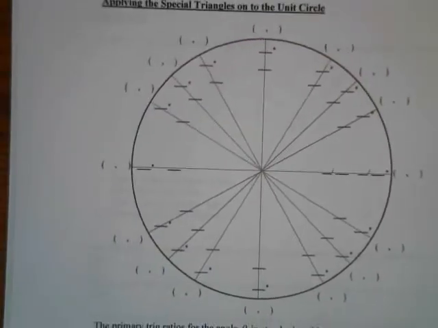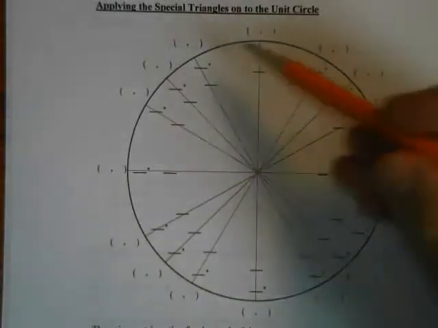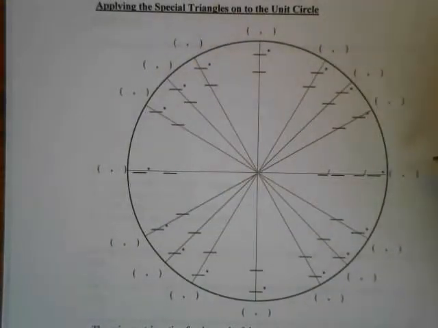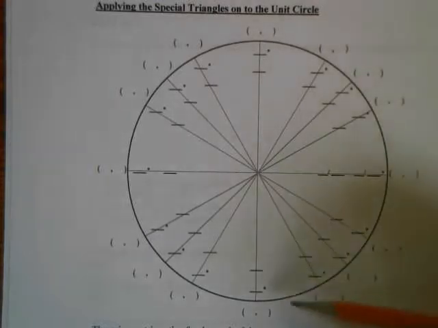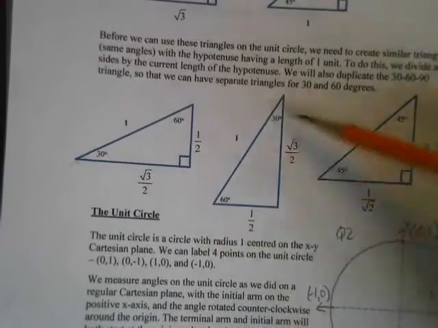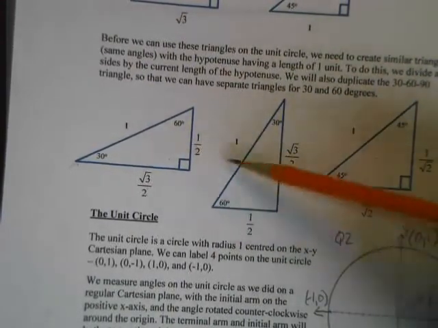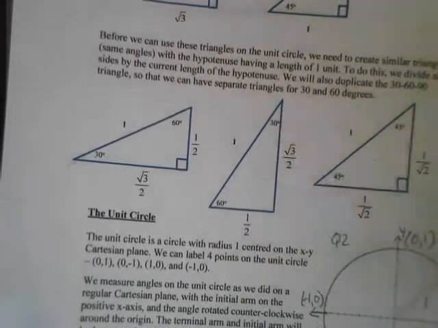Okay, so we're actually going to create this ourselves, and the goal would be that I should be able to give you one of these blank unit circles in a few days from now, and you would be able to actually fill it in. Okay, and the only thing you really need to remember is the 2 special triangles, or the 3 if you consider these 2 as separate, but they're really the same.